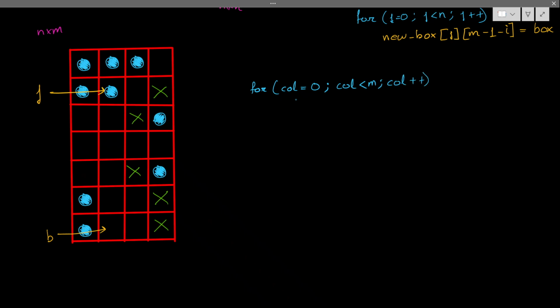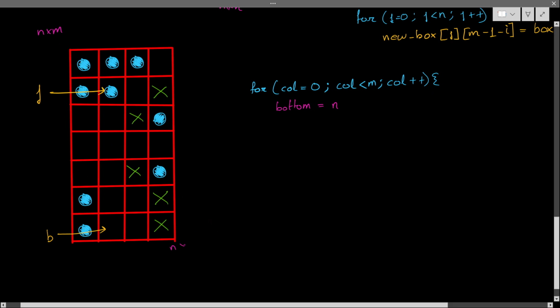Now, after that, I will initialize the values of two things, as I told you. One is my bottom. So bottom is equal to m minus 1. Sorry, it is not m, it is n minus 1. It is n rows, right?